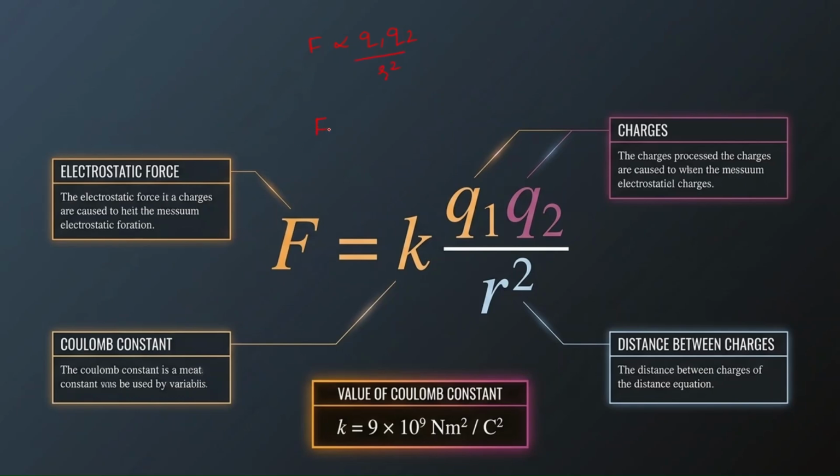Now, if we have to replace the proportionality sign by equal to, we have to add one constant. Here I add the k constant, like this. Now we understand one by one term.